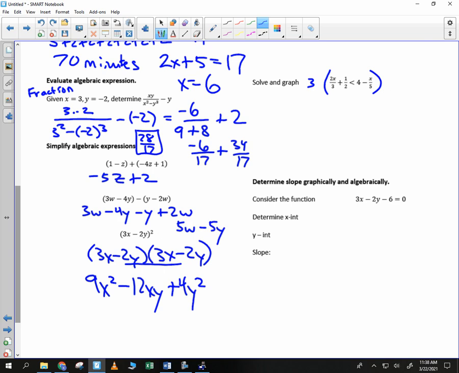So multiply through by 30 and make it an easier inequality. 30 times 2 is 60, divided by 3 is 20, so you start with a 20x. 30 times 1/2 is 15. 30 times 4 is 120. And then 30x over 5, 30 divided by 5 is 6, so we get minus 6x.